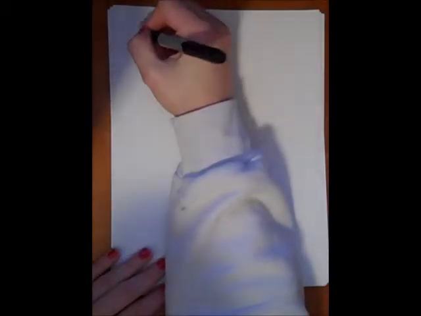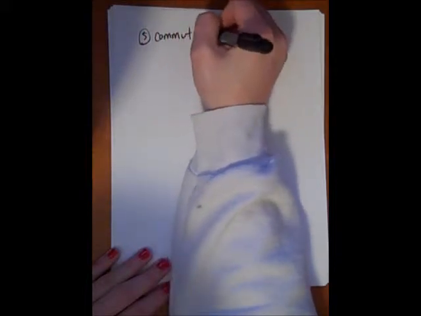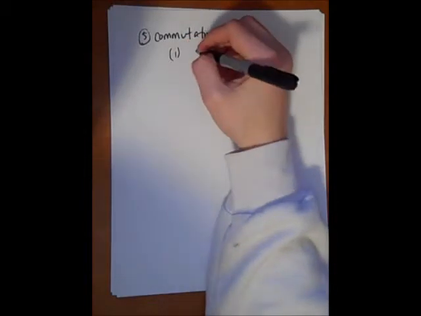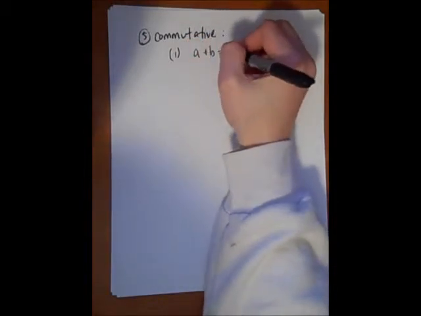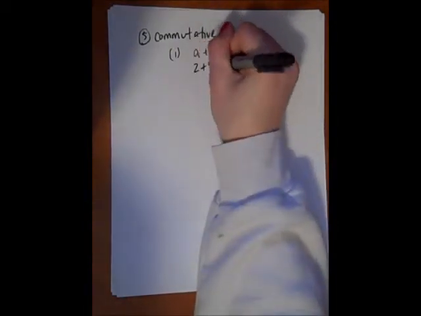Next we have commutative. There are actually two commutative properties, one for addition and one for multiplication. This says that A plus B is the same thing as B plus A. So it doesn't matter the order in which I add things. For example, 2 plus 4, that's 6.